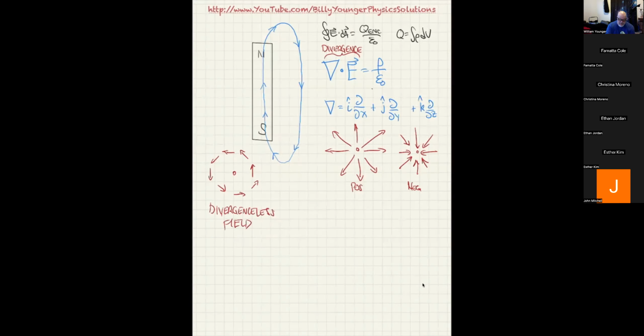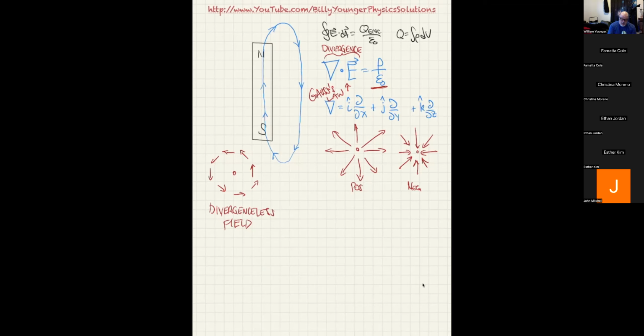Okay. So the fact that we have this quantity on the right-hand side of Gauss's law tells us that you can actually have an electric field such that it leaves from some point and lands on another point.